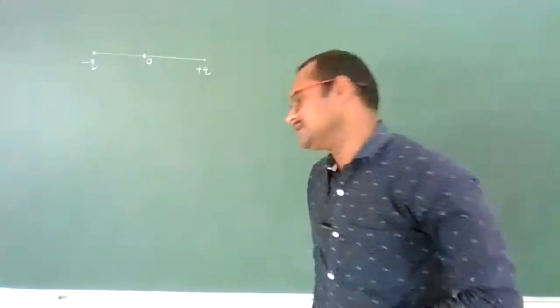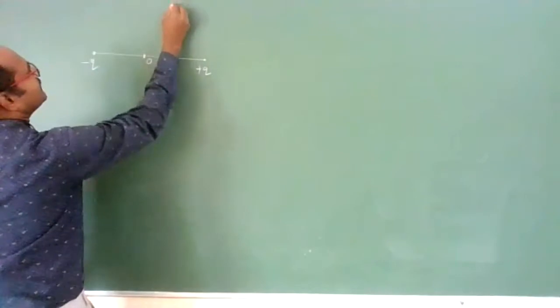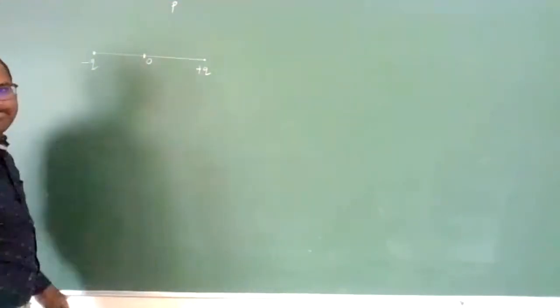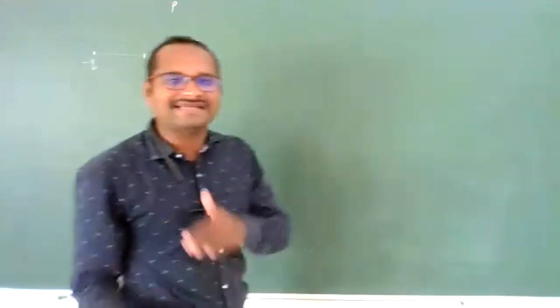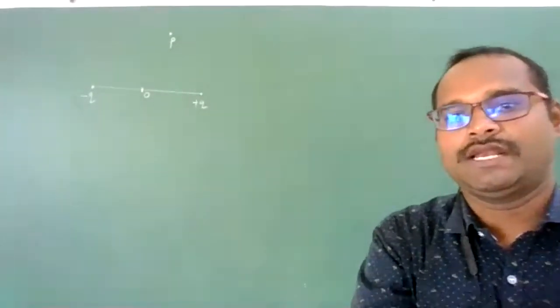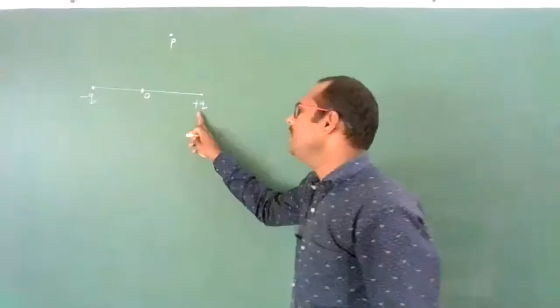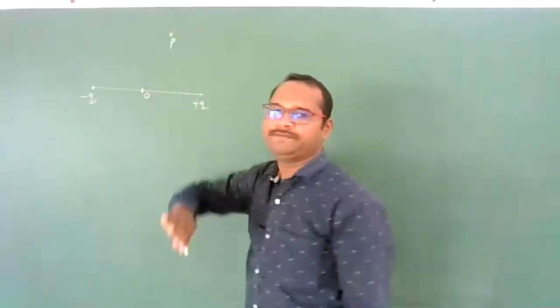Now, let us suppose one point P is here, which is not on the axial line and not on the equatorial line also. Now, due to this dipole, what will be the potential at point P?